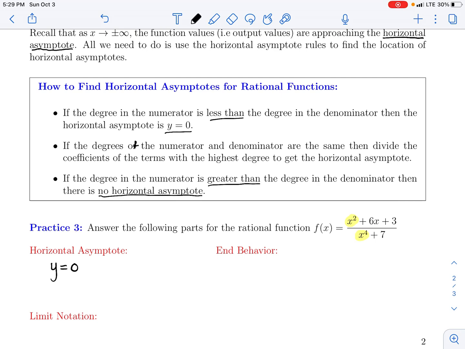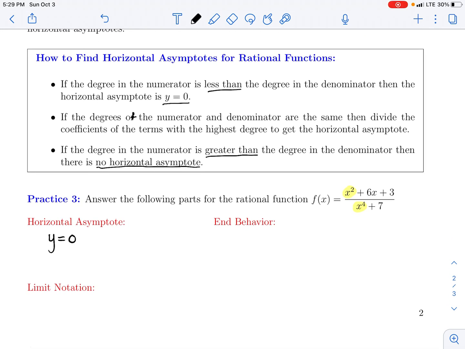Now if I want to consider the end behavior, we have that as x approaches infinity, f of x is approaching 0, and as x approaches negative infinity, f of x is approaching 0.